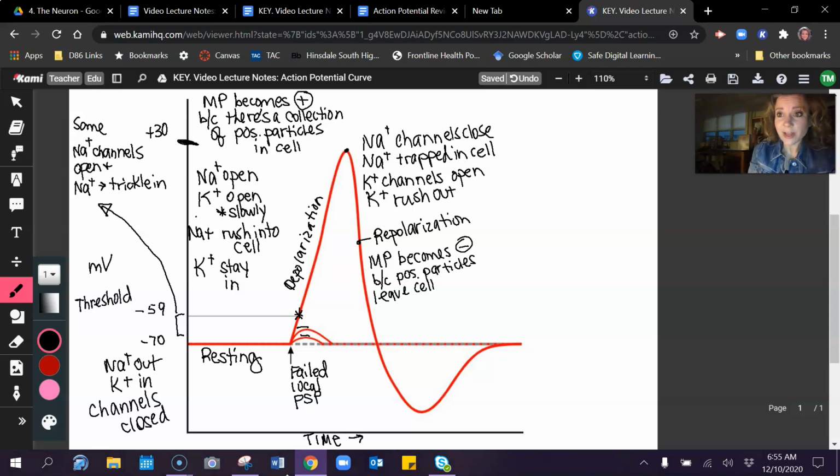Now, just like our potassium channels are very slow to open, our potassium channels are slow to close. So potassium is going to have more time to leak out of the cell. It's going to leak out for a long time. And that's going to cause this dip in our membrane potential, which is a phase that's called hyperpolarization.